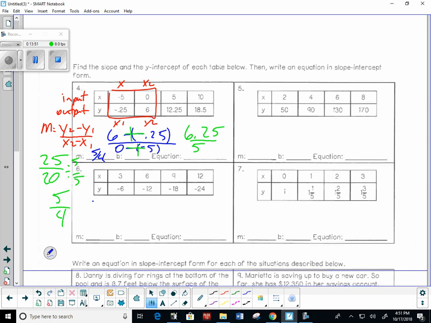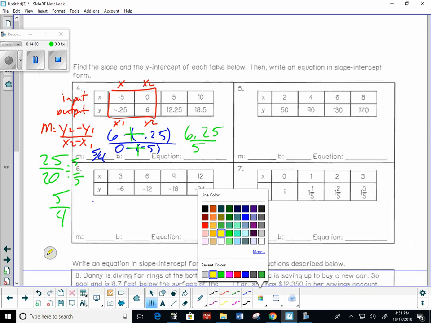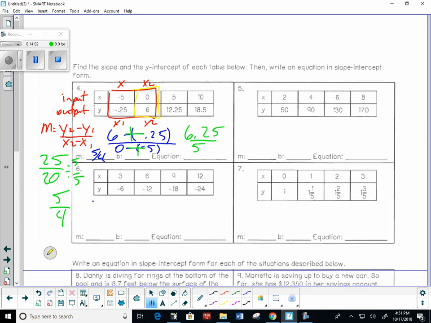Remember, we're looking for 0. And how do we find 0? X marks the spot. There's our x, so its corresponding y value, that's our y-intercept. There's our star. Okay, so our y-intercept is going to be 6.